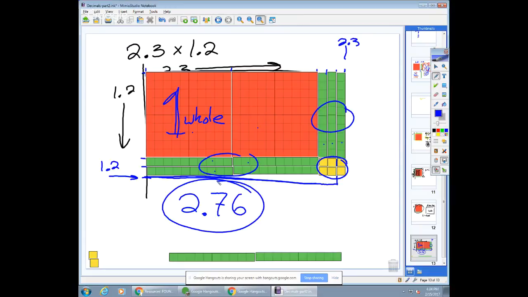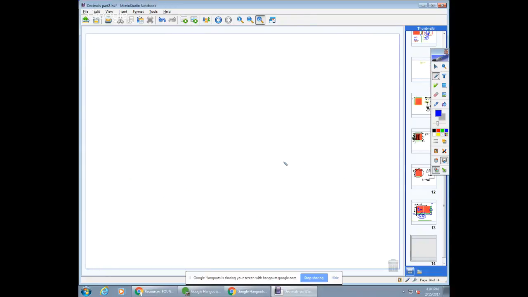So let's do one more of these, and then we're going to talk about division and then do some project stuff. So new page. Let's try drawing a picture of 2 and 4 tenths by 1 and 3 tenths.